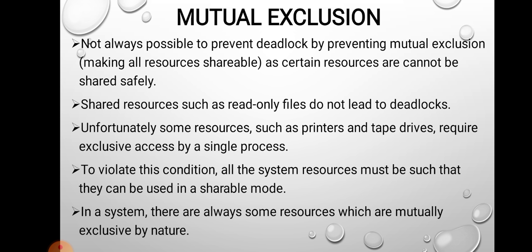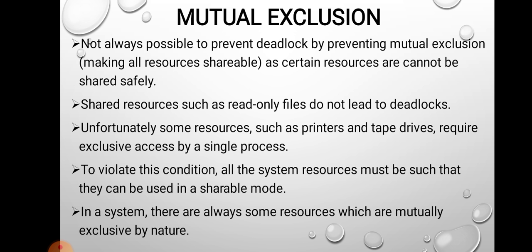It means no two processes can use the same resource at the same time. Clear? If more than 2 processes access the same resource at the same time, then that particular process is going to fall into a deadlock.